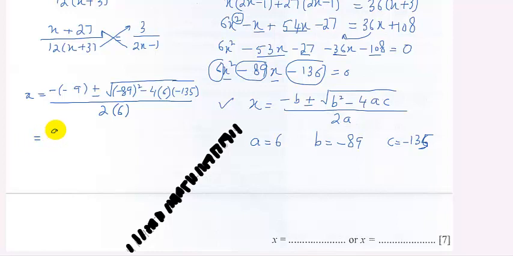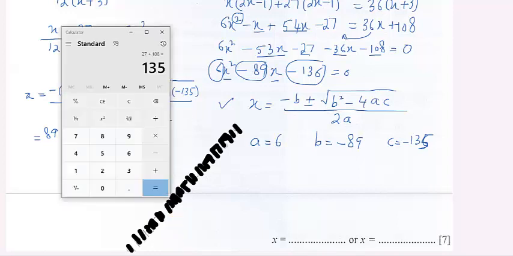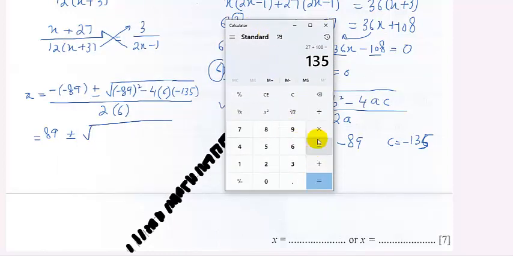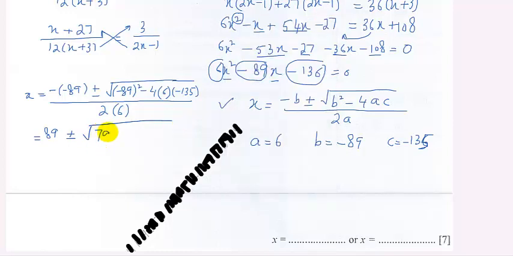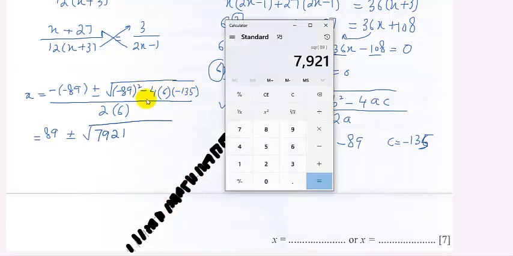Minus minus plus, no, sorry, it is 89 plus minus the square root. So 89 squared, let me check with the calculator: 7921. And here minus, and now this one, it is minus 4.